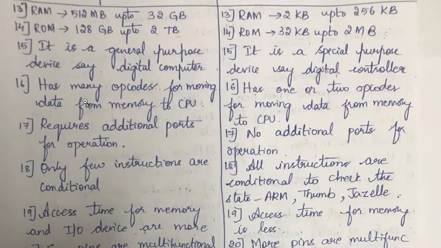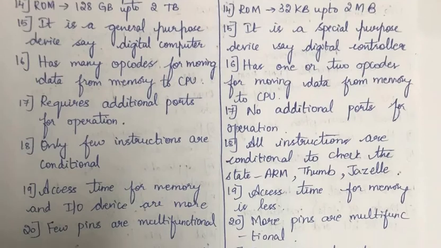Here microprocessor has many opcodes for moving data from memory to CPU. Opcode, what is opcode? You would have studied in computer organization, some operational code will be there. In microprocessor we'll have many opcodes, whereas in microcontroller we'll have only 1 or 2 opcodes for moving data from memory to the CPU.